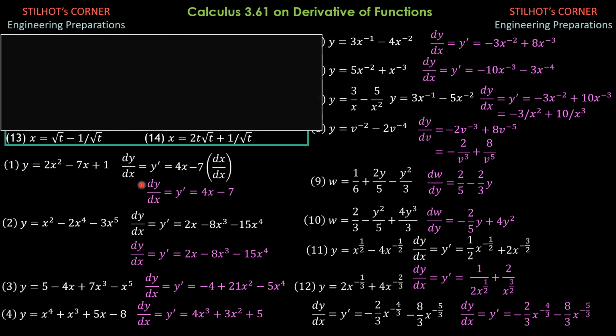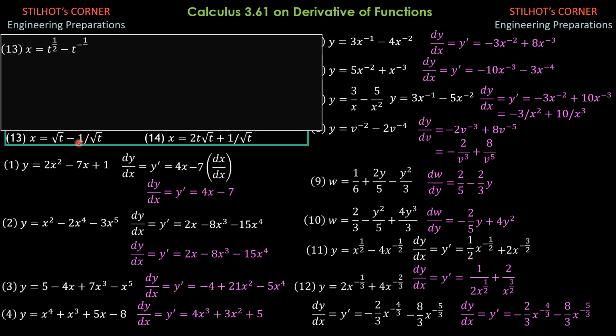Then number 13, let's transform this into power form, although the derivative of square root of t is 1 over 2 square root of t. So that we can apply the power formula easily. Let's transform that into t to the 1/2. Then this one is 1 over t to the 1/2, so minus t to the negative 1/2.